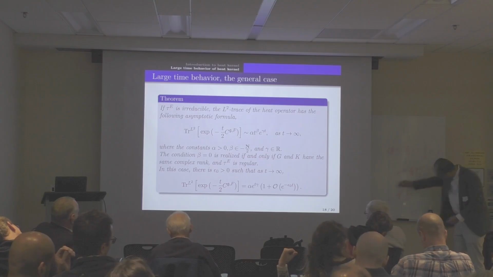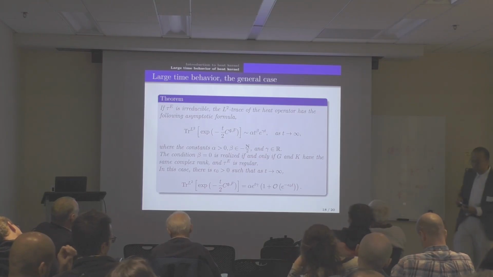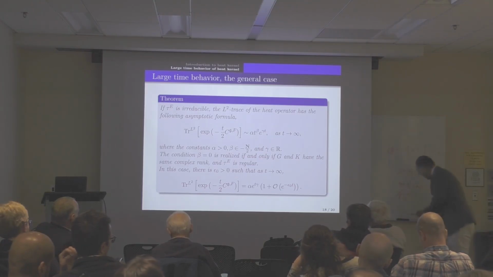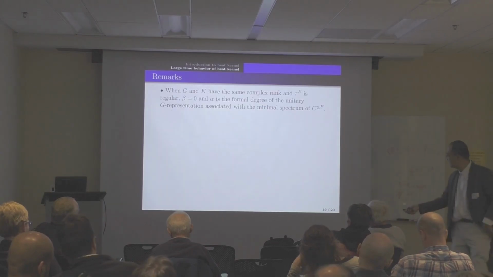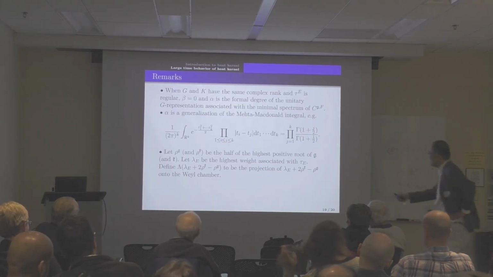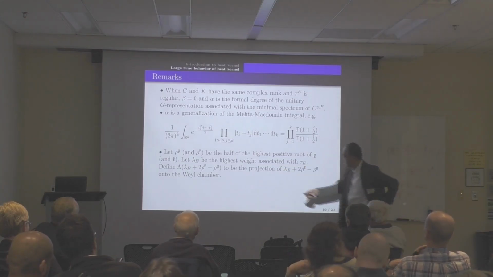So we need to combine these together to look at the large t limit. Because of that, we need this shift and the projection.